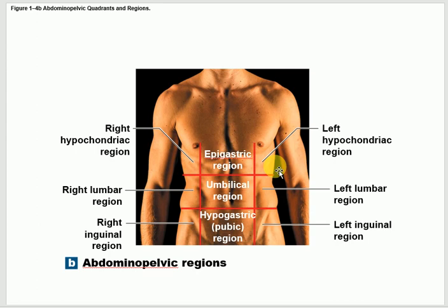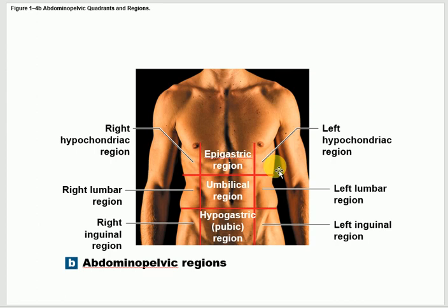It's this part, the lower part of my ribs, right here. That's why we call it this way. On the right side, same on the left, left hypochondriac. How about this one in between? Epigastric. What does it mean? Epi, superficial to, outside of. Gastric, stomach. Yes, my stomach is here, behind this. So epigastric, outside of the stomach. Makes sense. Everything should make sense.